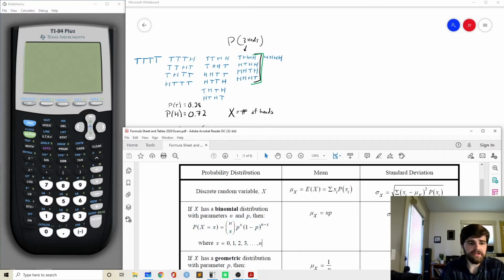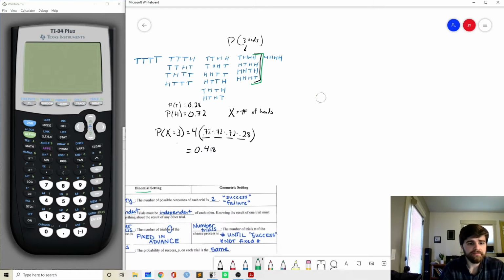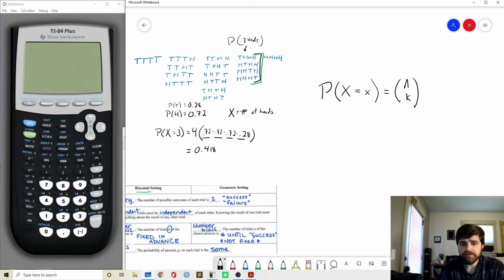So the probability that X, the number of heads, is equal to x, some value, so this is big X and little x, those are different, is equal to n choose k times the probability of success to the x power times the complement of the probability of success, aka the probability of failure, to the n minus x power.